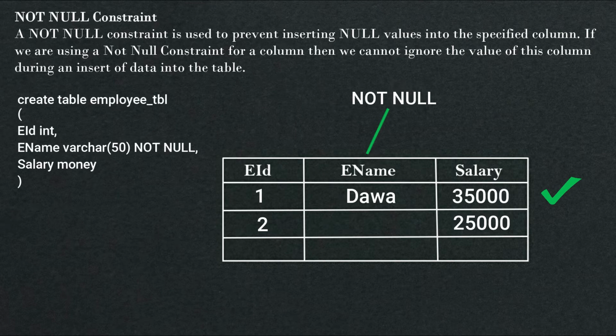Tell me. No, this value will not be inserted in this table. Why? Because we have used a not null constraint on the employee name column. So we can't leave that column blank. I mean, we can't ignore this column. We have to insert a value in the ename column, otherwise data will not be inserted.